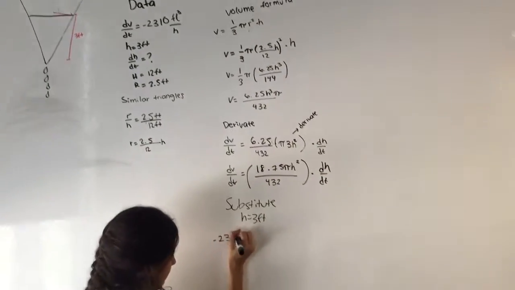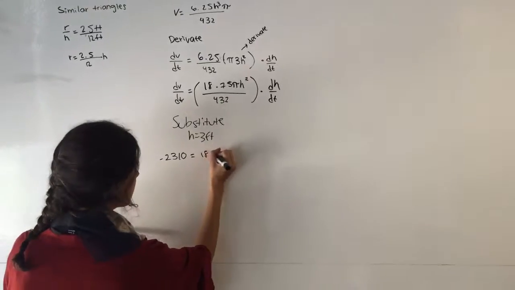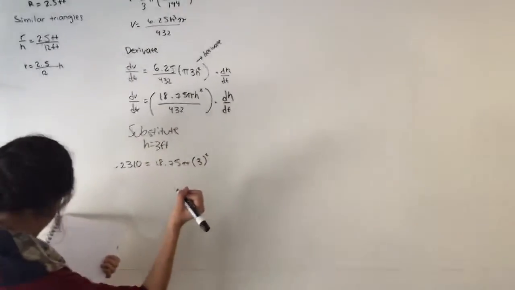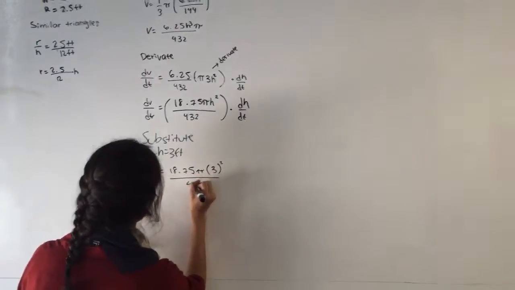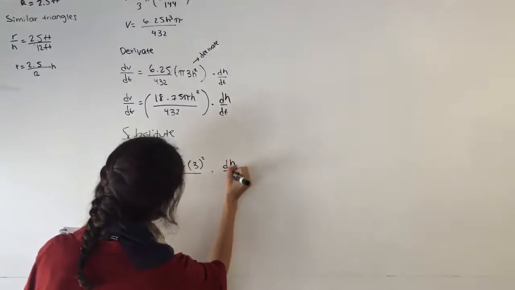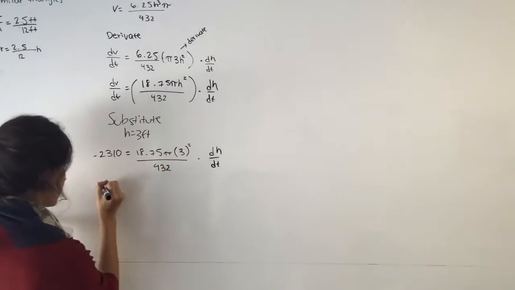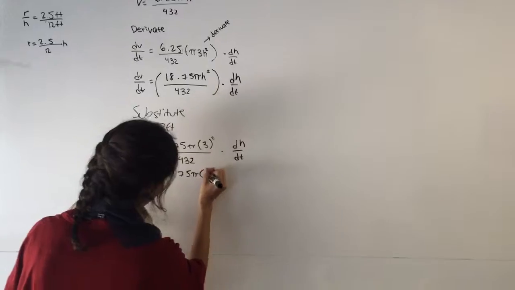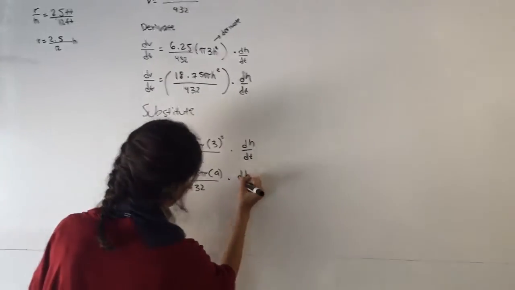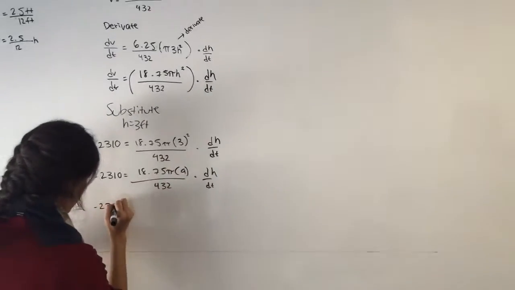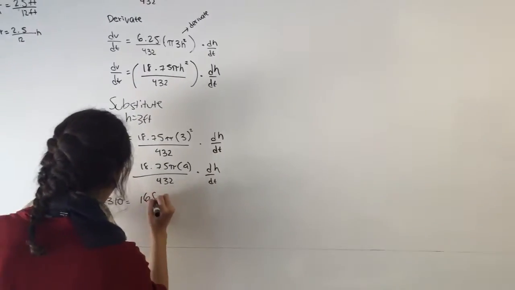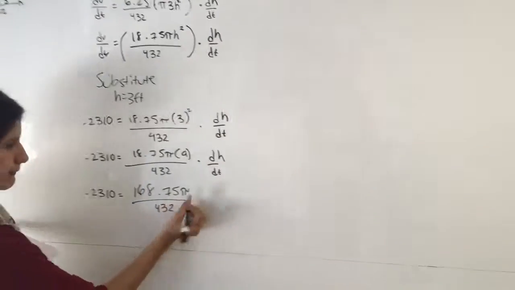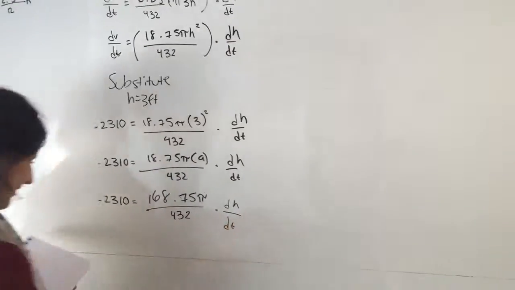Then we substitute the height they gave us, which was 3 feet. We simplified and then solved.